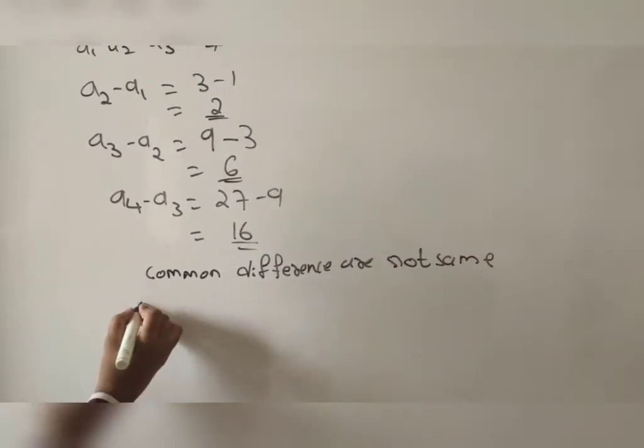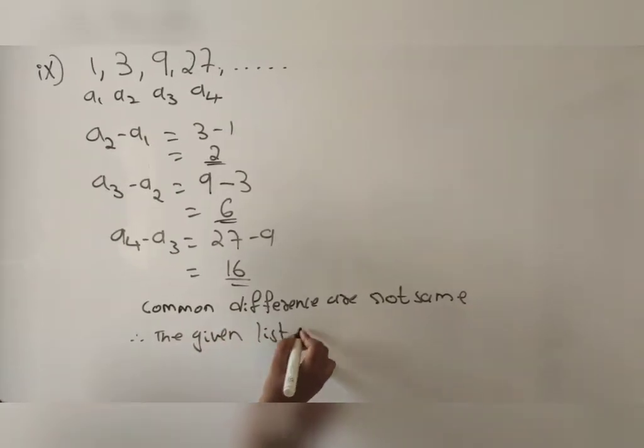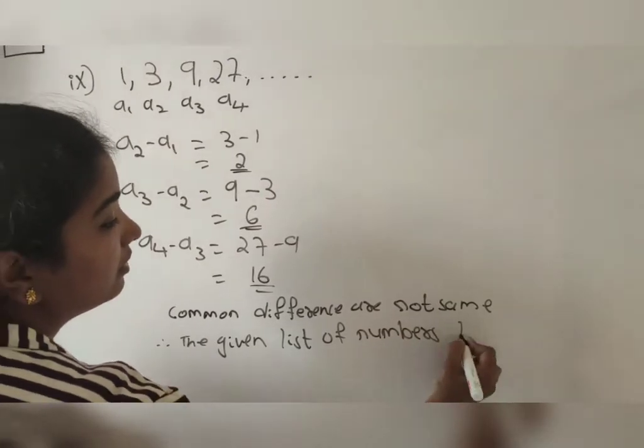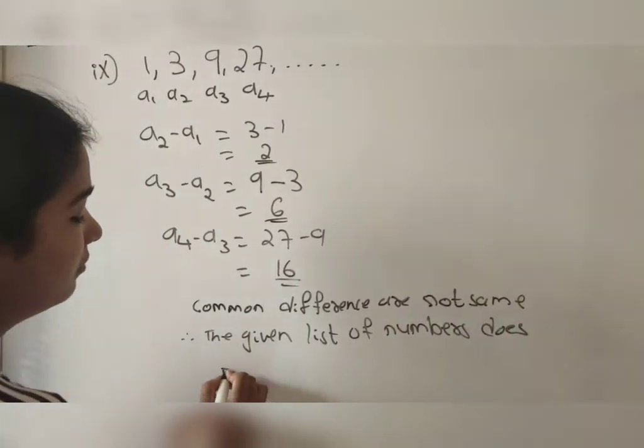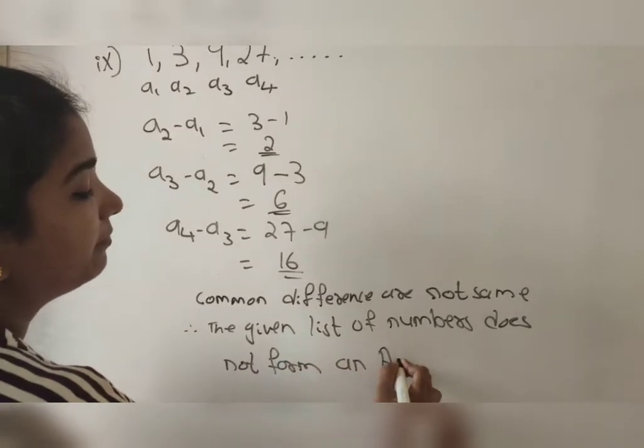Therefore, the given list of numbers does not form an AP.